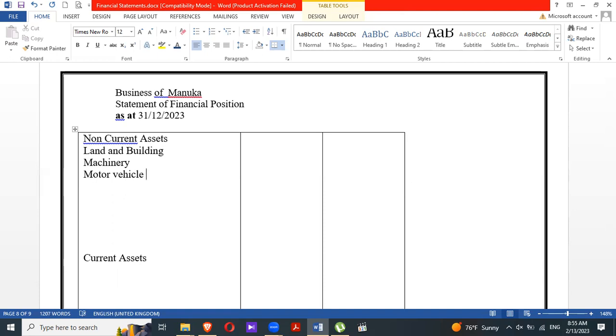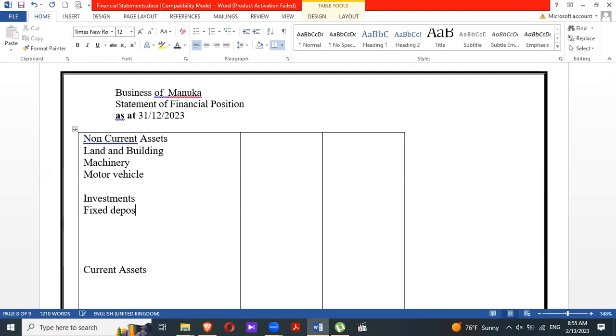That's enough. Sometimes there may be furniture and fittings or office equipment. If it is related to non-current assets, you can enter it here. After tangible non-current assets, you can write intangible non-current assets, which are investments and fixed deposits.